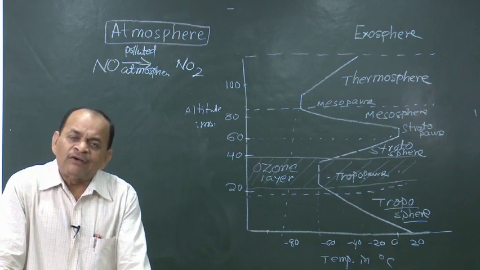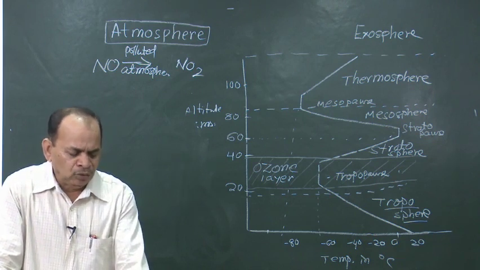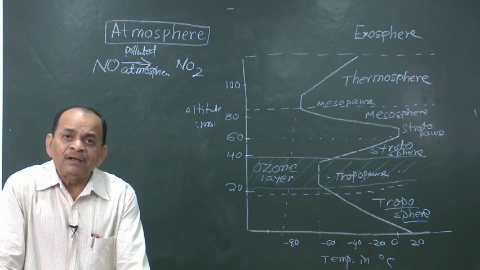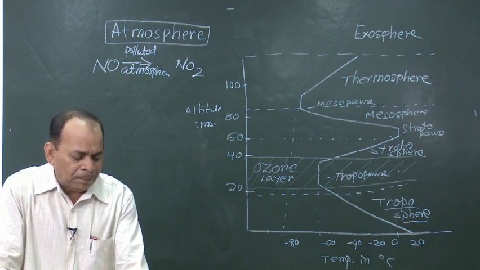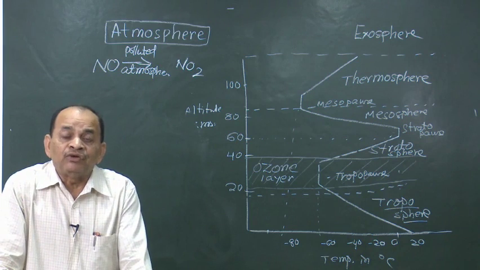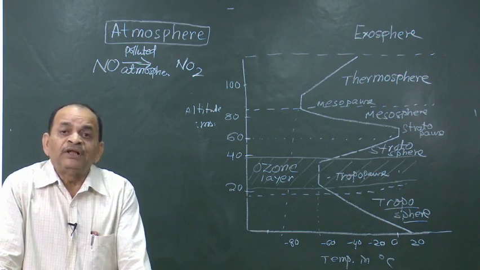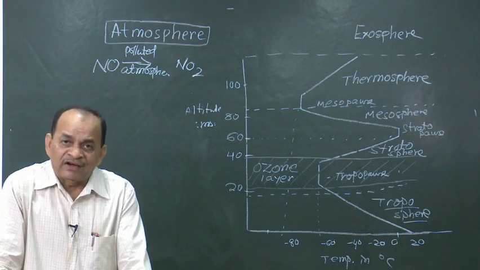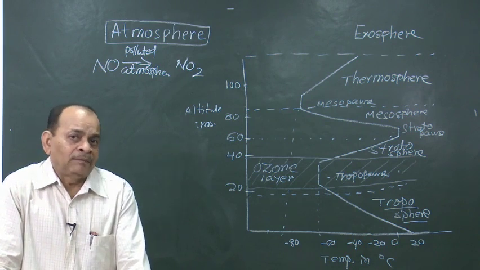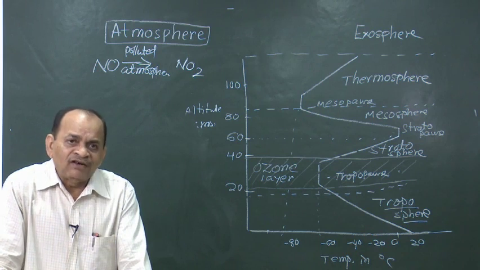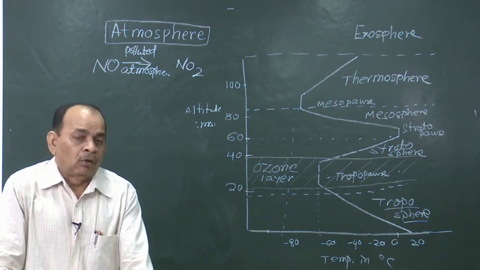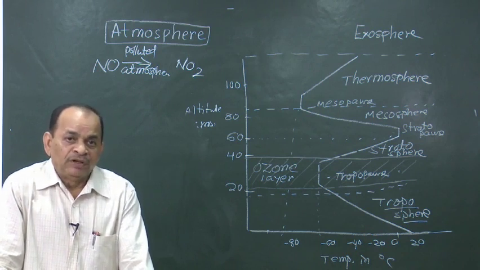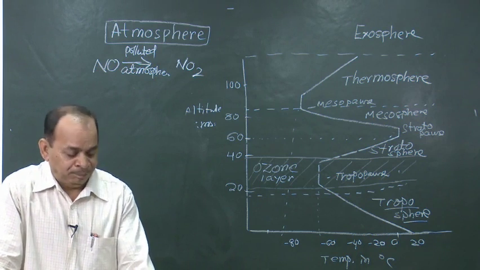The temperature decreases due to the rapidly decreasing density of air at this altitude, because few gases are present in this layer. So, having low density is the main cause why the temperature decreases.